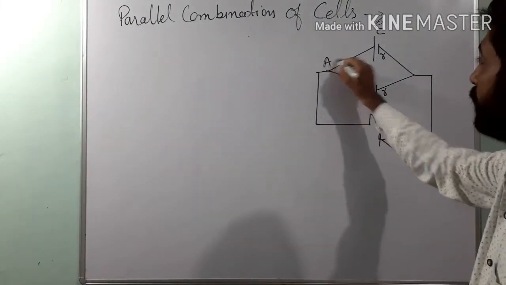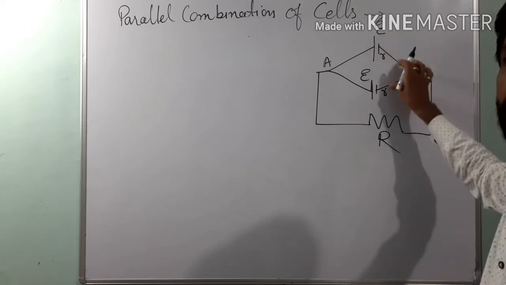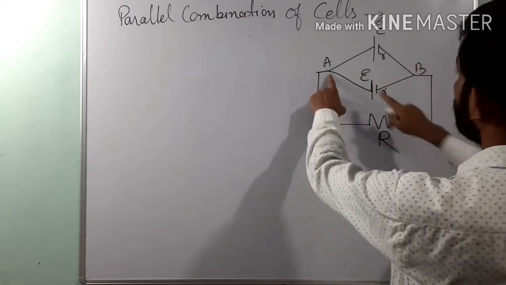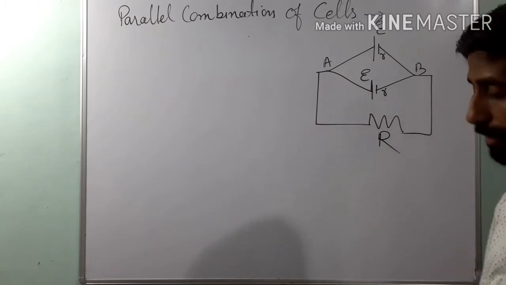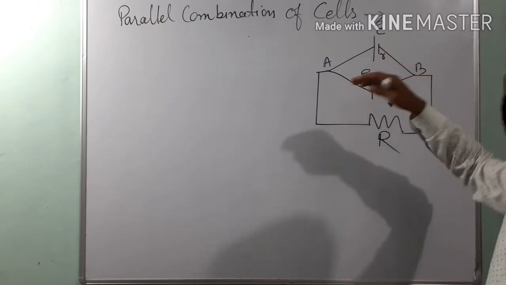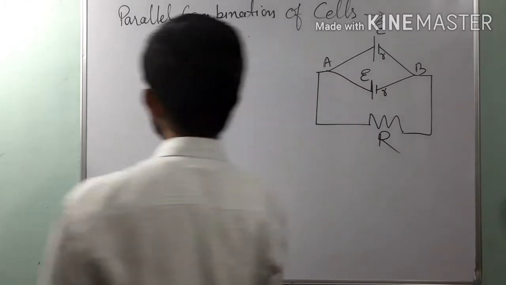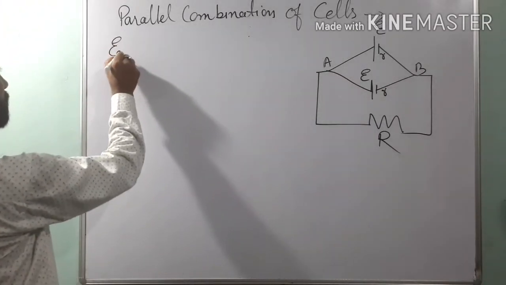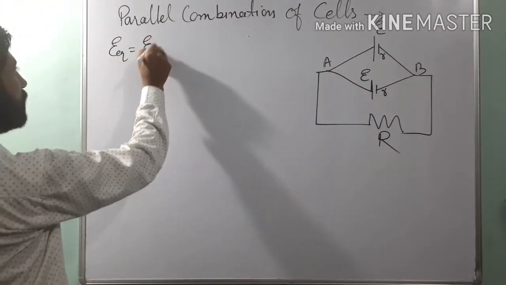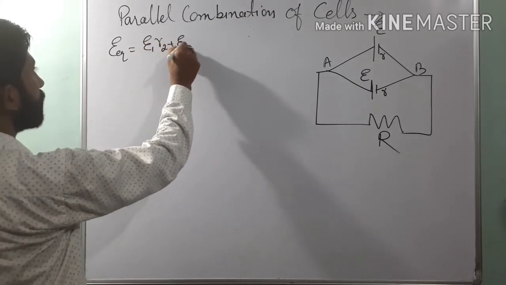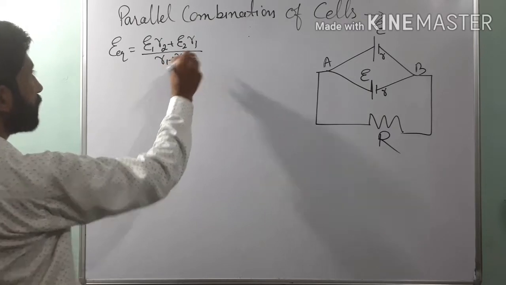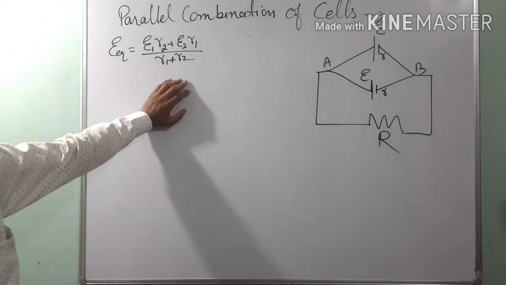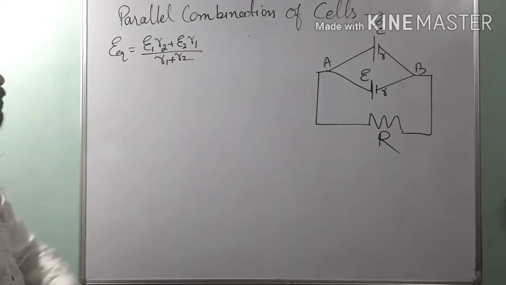As we know, the cells are identical, so the terminal potential between A and B will be the same. The equivalent EMF of the two cells, as we did in the last lecture, E equivalent is E1 R2 plus E2 R1 over R1 plus R2. This is the equivalent EMF of the two cell combination.